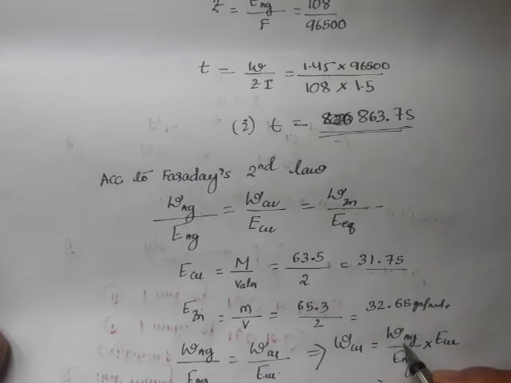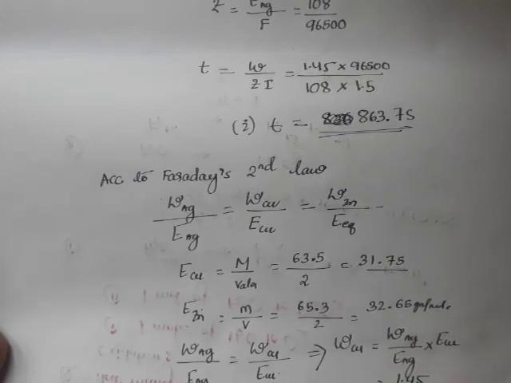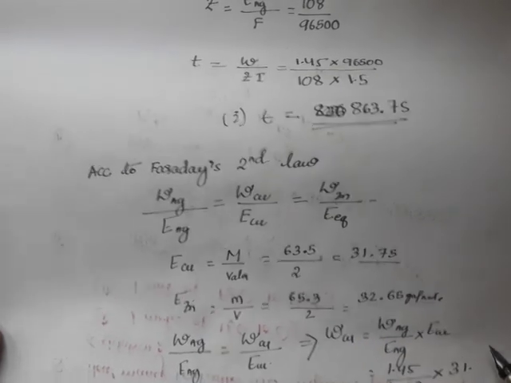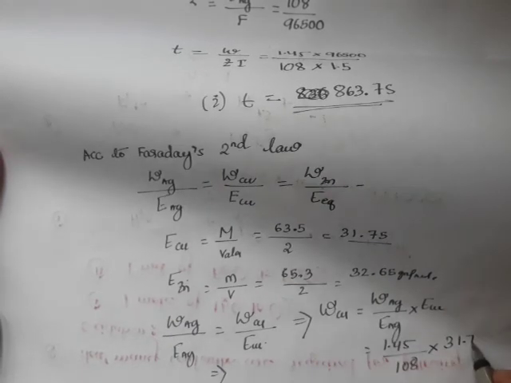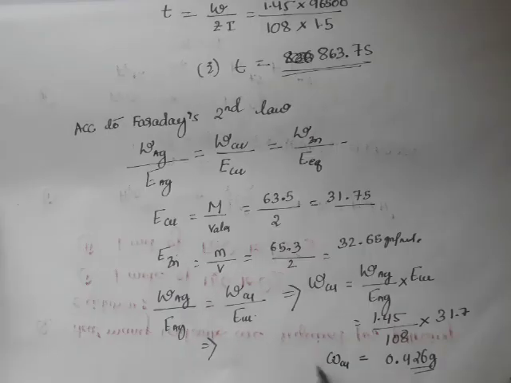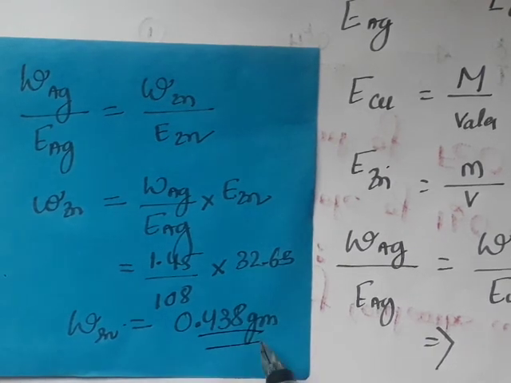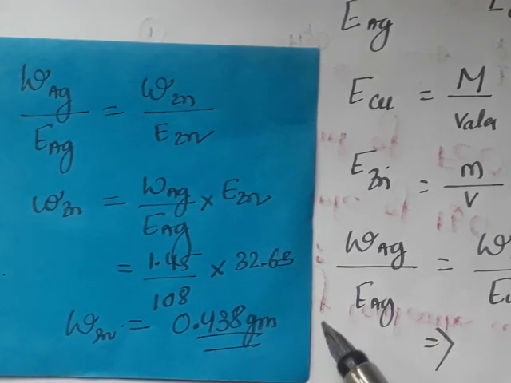Ag deposited is 1.45 gram, divided by its equivalent weight 108, and the equivalent weight of copper is 31.7. After calculation we get the weight of copper deposited as 0.426 gram. In the same way we calculate the weight of zinc, and we get 0.38 grams. So this is how we do the numericals. Thank you.